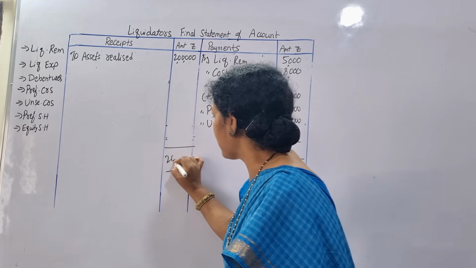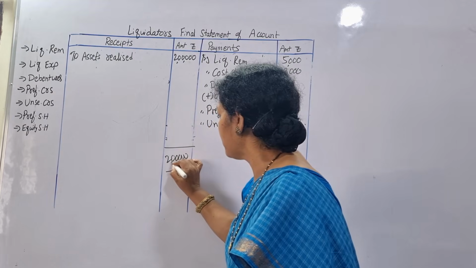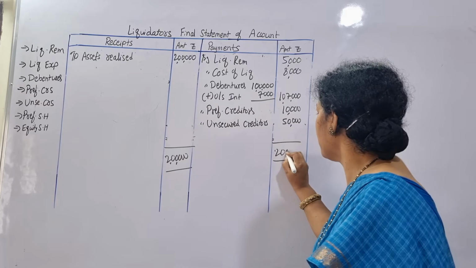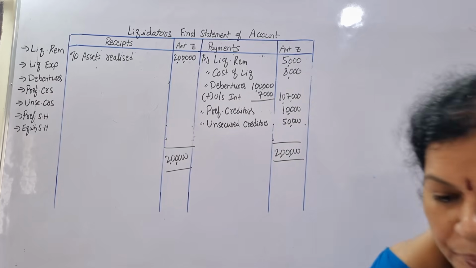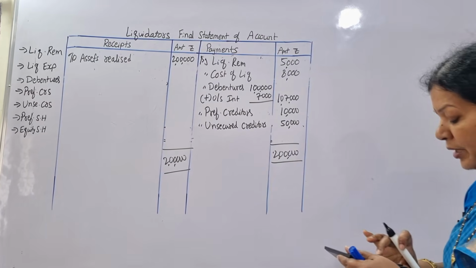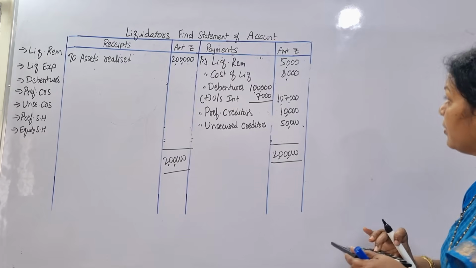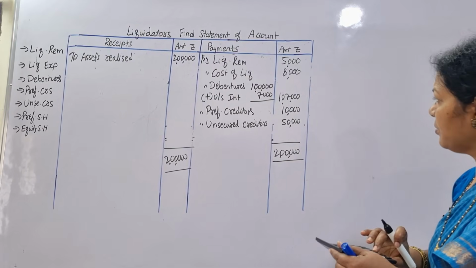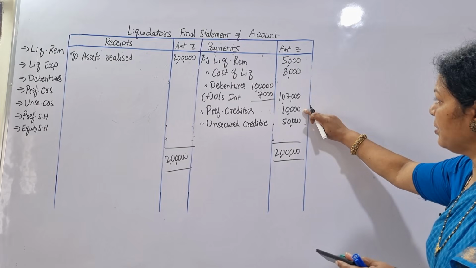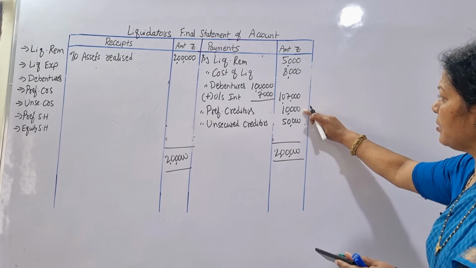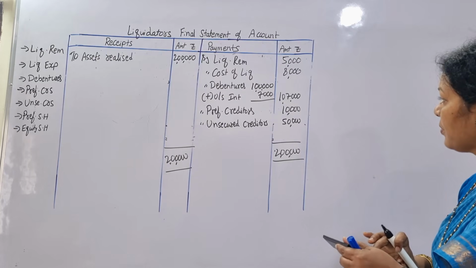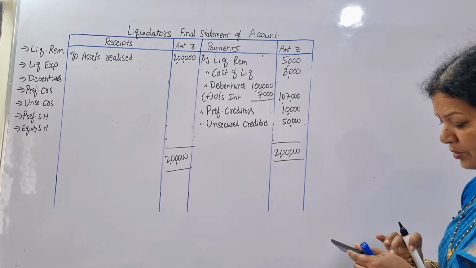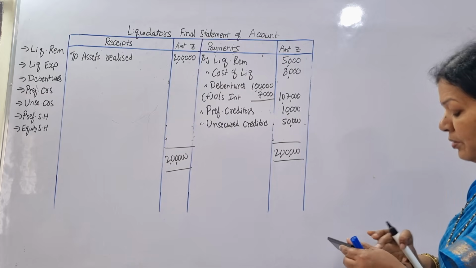So this is 2 lakh. 2 lakh minus all these amounts: this is 13,000, 13 plus 10, 23, and 50,000, and 1,07,000.